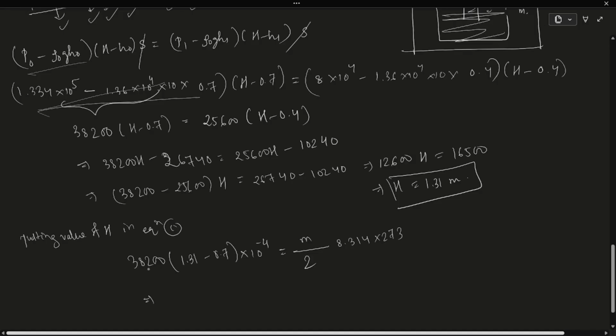If we calculate this, mass comes at 38200 into 1.31 minus 0.7, this is 0.61, into 10 to the power minus 4 into 2, divided by 8.314 divided by 273.